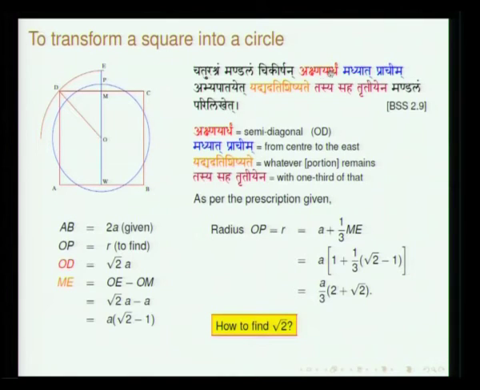Suppose you want a square whose area is the same as that of a circle, or a circle whose area is the same as that of a square. Some kind of prescription found in the Shulva Sutra is what we are going to discuss now.